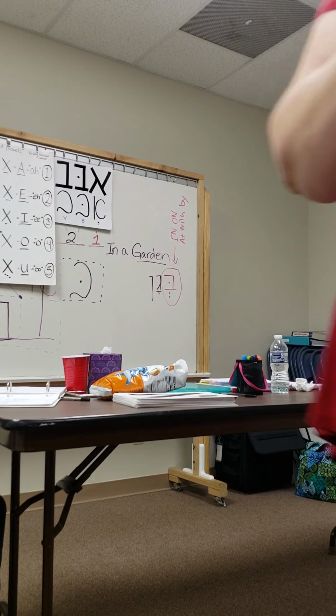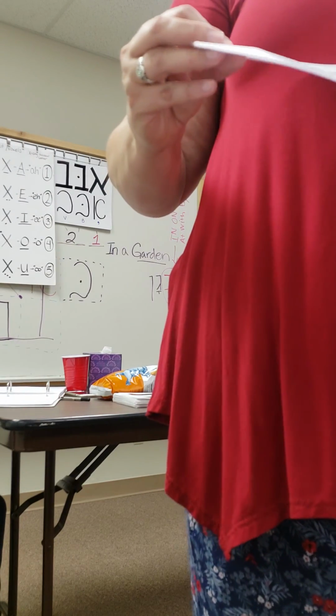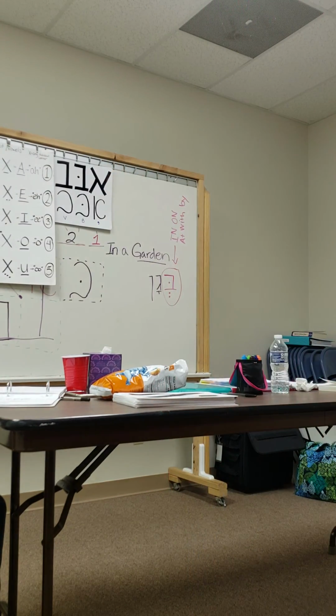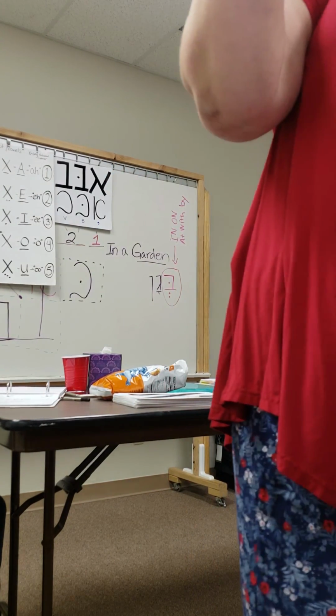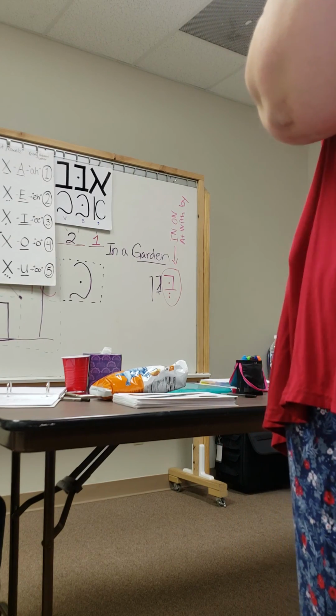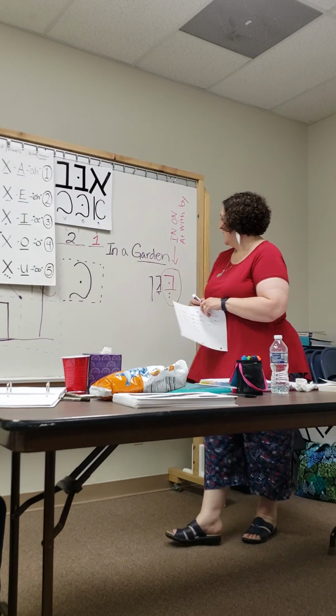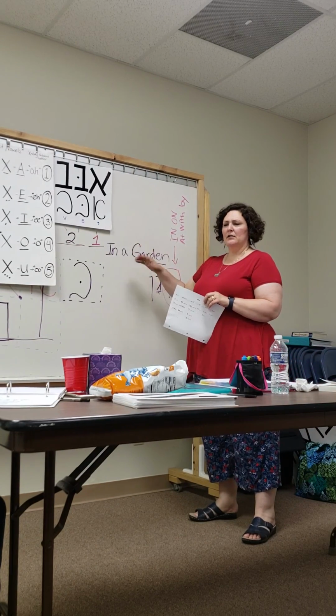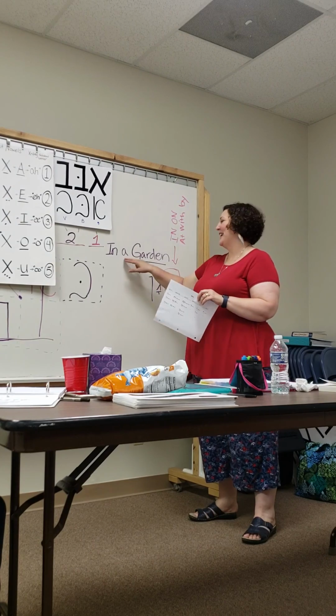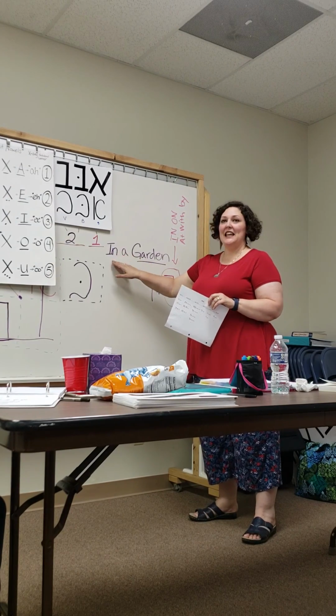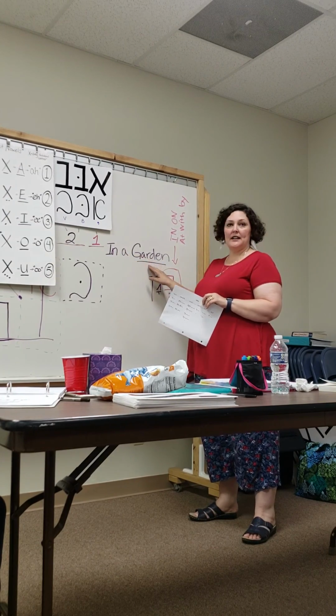Okay, so right here, so you have bet with the shva. And then the shva makes it generic, meaning a. So in English, we need the word, or the letter, it's a word, right? The word a. So we need it to say in a garden.